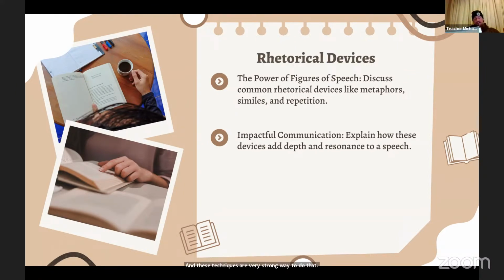One more I'll give you is rhetorical questions. A rhetorical question is a question that is so obvious that it doesn't need answering.